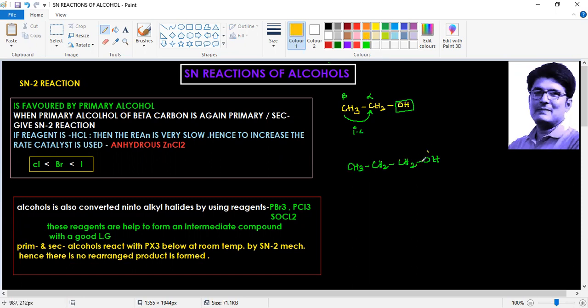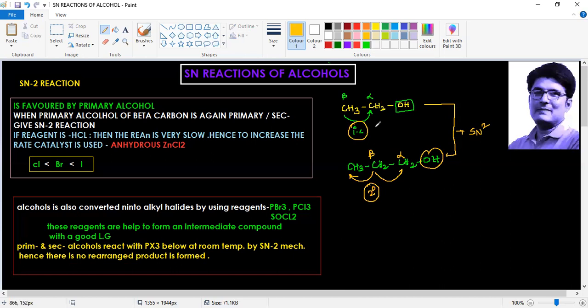Understood? Here the beta carbon is secondary because it connects with two other carbons. So when the beta carbon of a primary alcohol is primary or secondary, it gives SN2 mechanism.